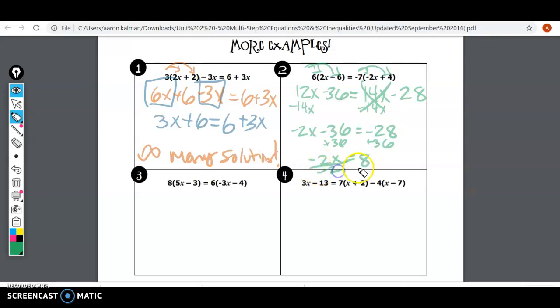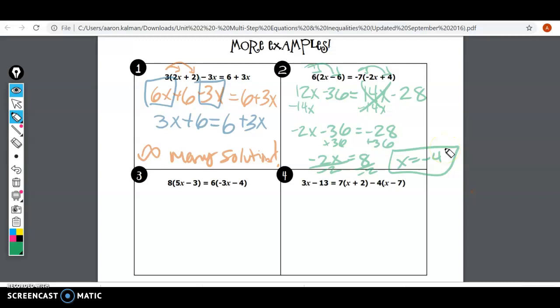Dividing by -2, x equals -4. This is a situation where we did have a solution. The x variable terms did not cancel, and we're left with one solution of -4.